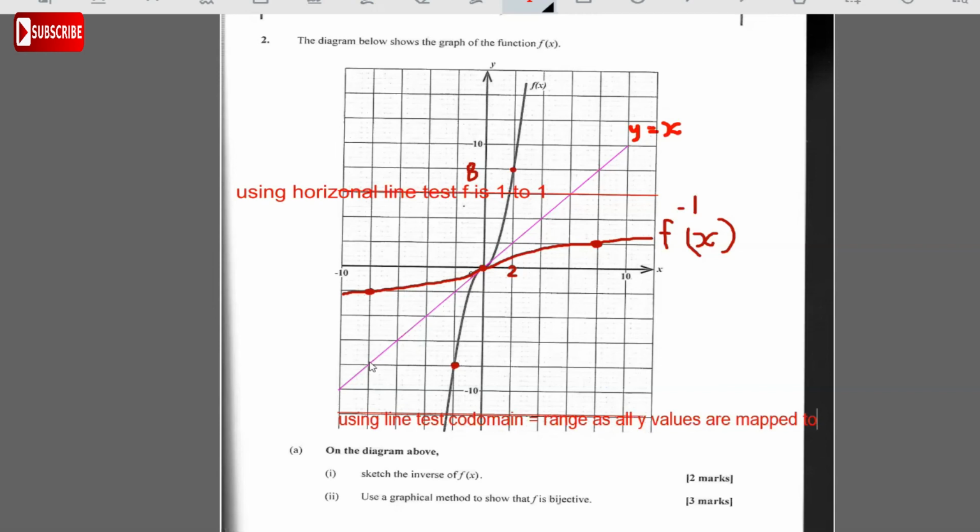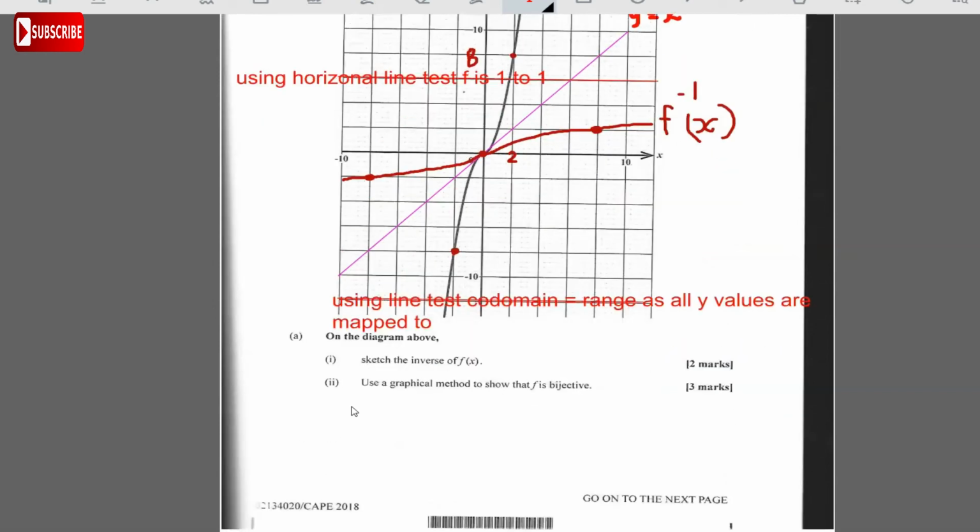So we can say, hence, since f is 1-to-1 and onto, f is bijective. Nice and easy.